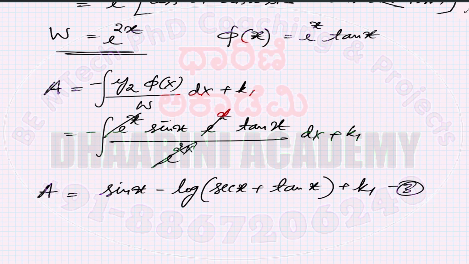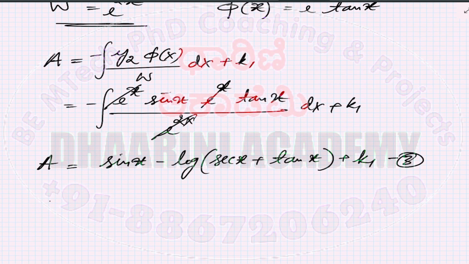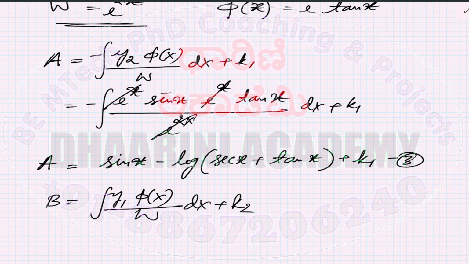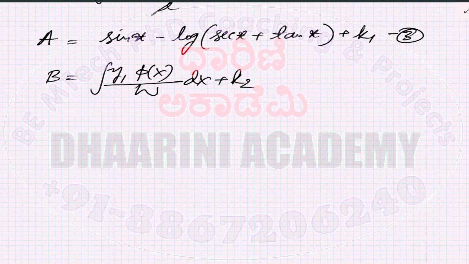Now let's calculate the B. So B is equal to integral, this is y1 phi of x by w times dx plus k2. So substituting the value of y1 now, y1 is nothing but e to the x cos x into the phi of x.